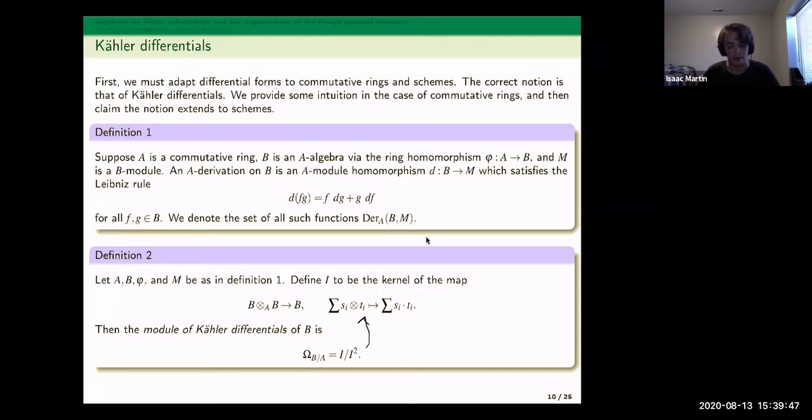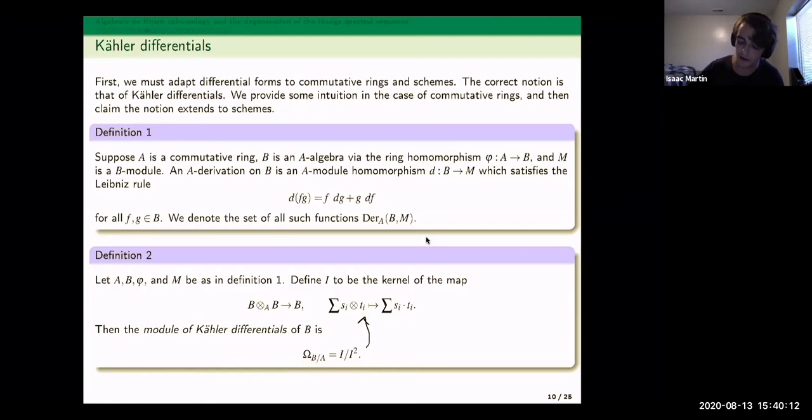And then once we know what derivations are, we can form the module of Kähler differentials like this. We can take this map from B tensor B to itself, defined right here, and the module of Kähler differentials is just this: the quotient of the kernel of this map by itself squared.